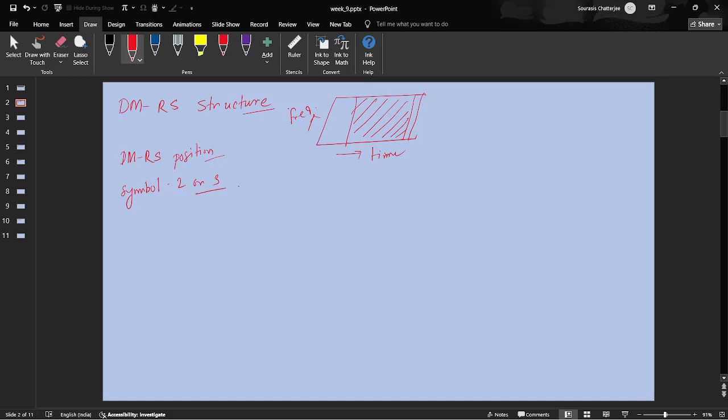So how does sending the DMRS at the beginning help me resolve the issue? As you mentioned, the symbols that are received need to be stored, because we cannot do anything without estimating the channel. And in order to store the symbols, we require memory. So if we receive the DMRS at the end of the slot, we need to store the symbols, and that adds more memory requirement, plus processing delay.